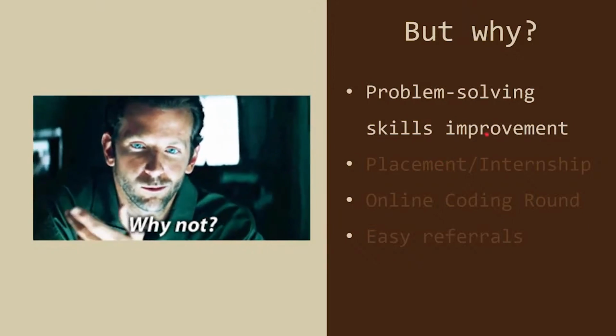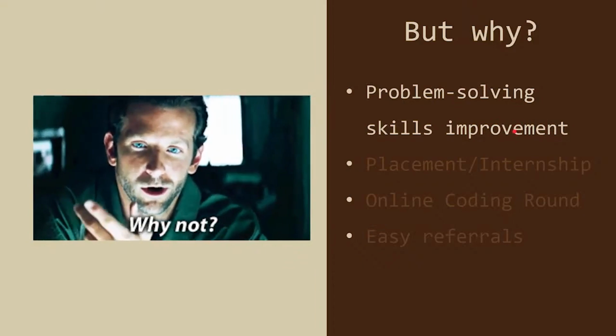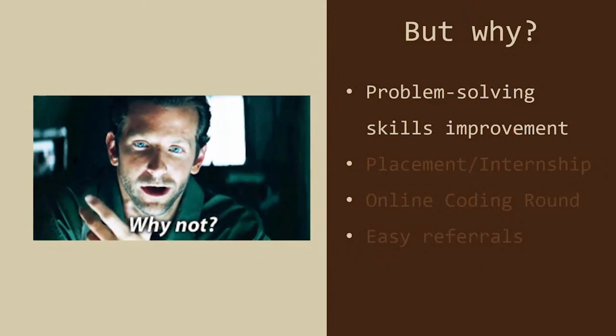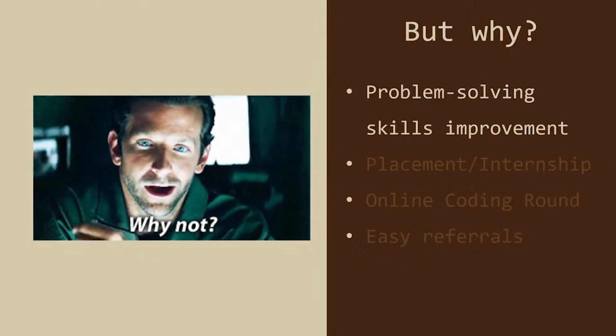Person A will be accustomed to solving problems and will know when and where to apply what algorithm in the given problem. But person B, who has not done much competitive coding, will struggle because he only has the knowledge about the algorithms but doesn't know where to apply them.